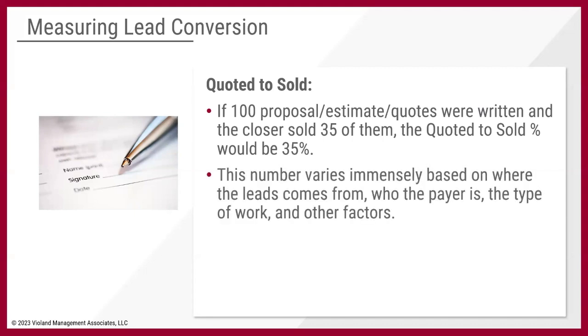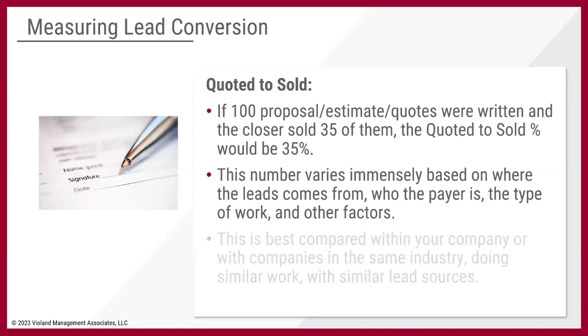This number is going to vary immensely based on where your leads come from and who the payer is. If it's a homeowner pay, a self-pay, or if it's insurance pay, the type of work it is, whether it's a necessary work or a luxury work or somewhere in between. Lots and lots of factors will affect what you should expect for a closing percentage for this.